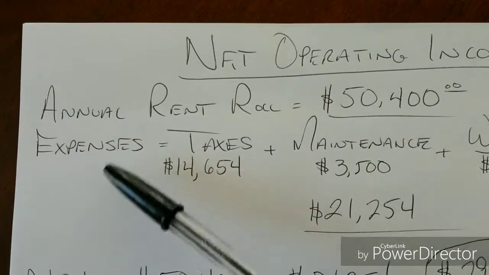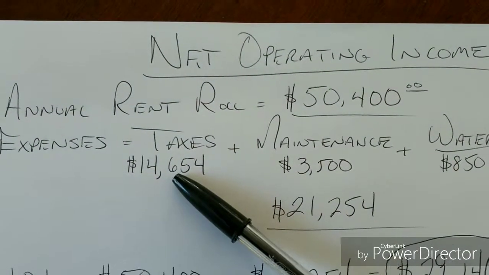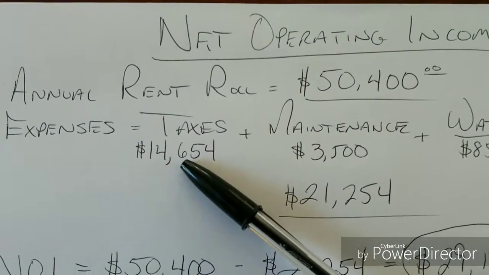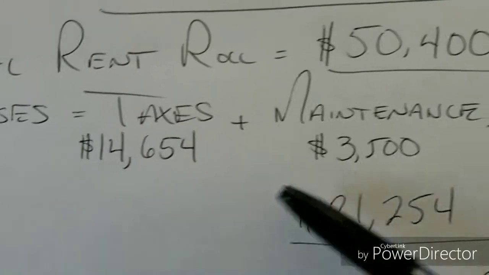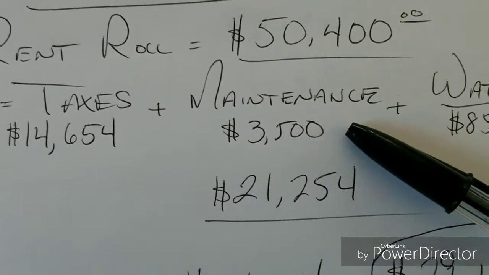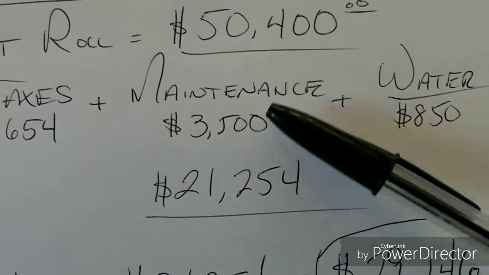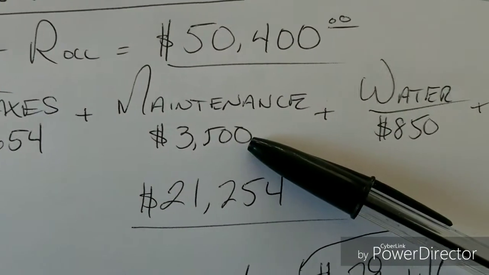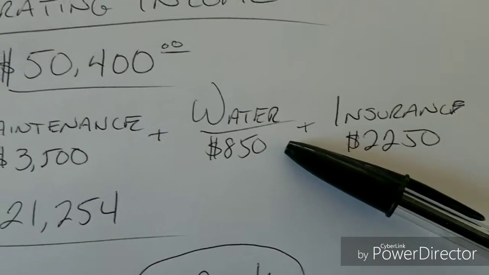We take our annual expenses, which are comprised of our taxes, which for that property equal $14,654. We take our maintenance, which will not be a lot because remember, we just finished rehabbing the property, so let's just say it's going to be $3,500 a year.